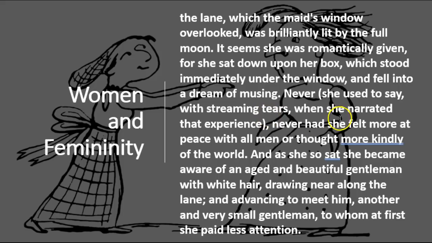So let's have a look. "When she narrated that experience," so she's going to narrate, to tell the story of Sir Danvers Carew getting killed. How often does she tell that story? And how often does the story bring tears to her eyes? So Stevenson here is suggesting that part of this emotion might be faked, because she can reproduce it so often.